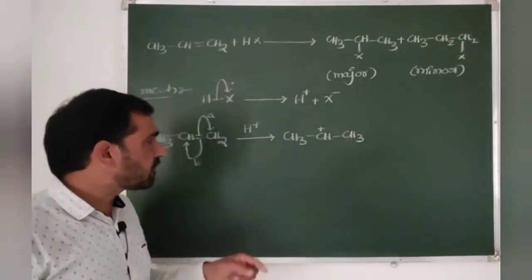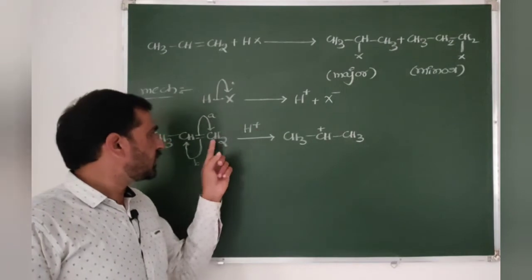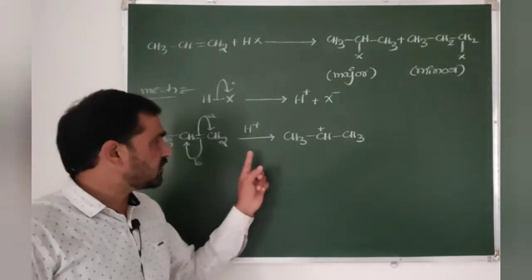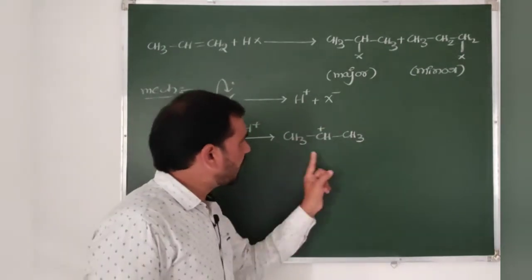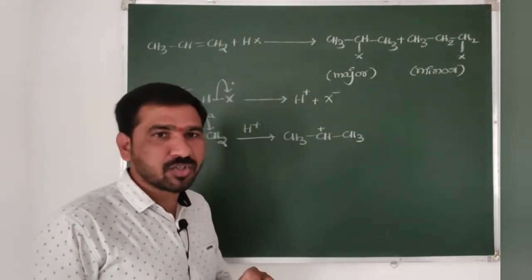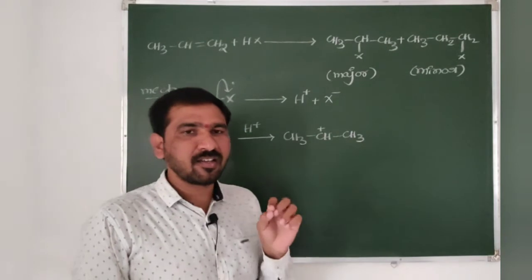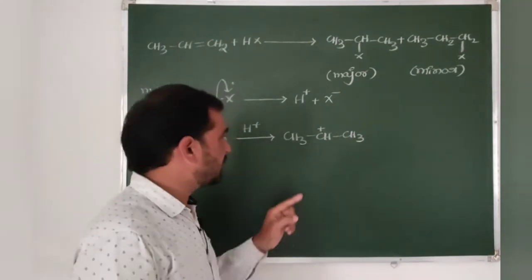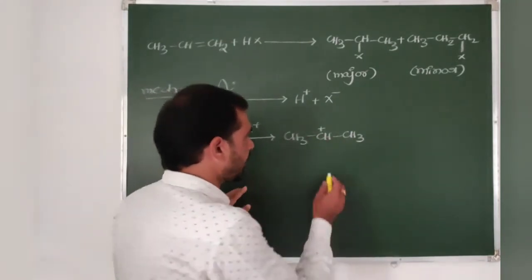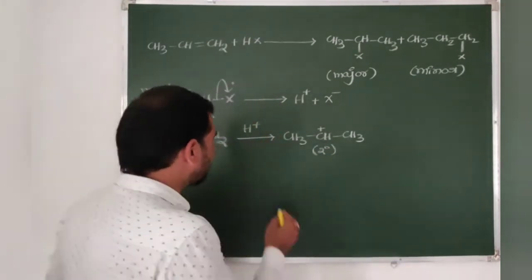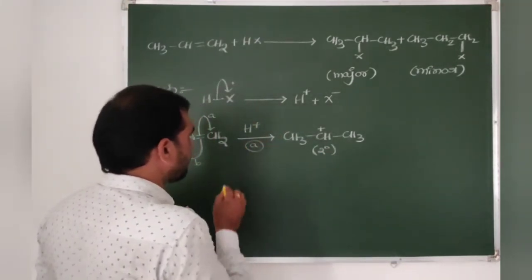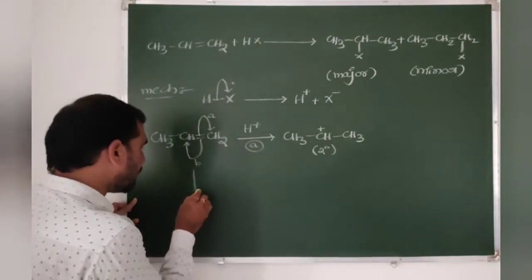Is it clear? After addition of this H plus to this CH2, that converted as CH3. So this is the intermediate having positive charge over carbon. So that is the carbocation, is called as 2-degree carbocation. Is it clear? Okay. This is about path A.